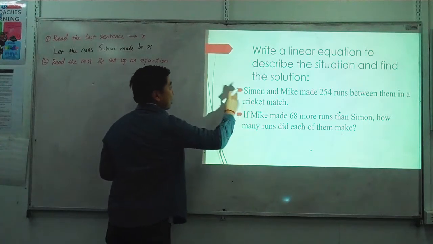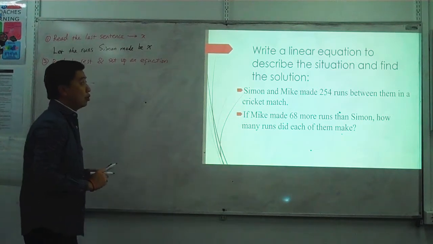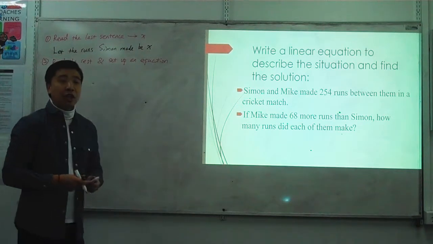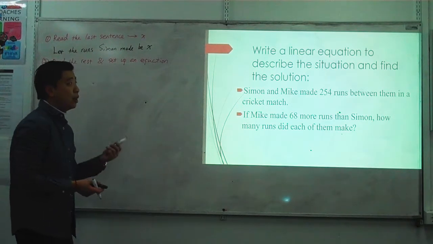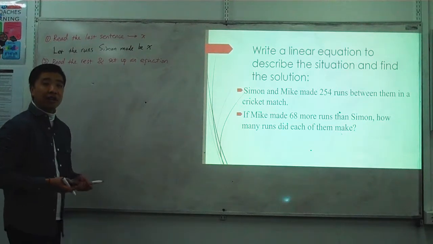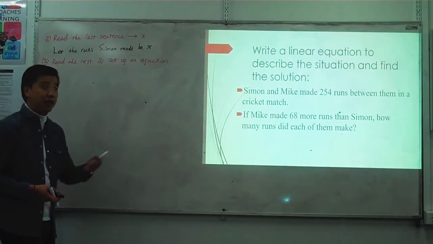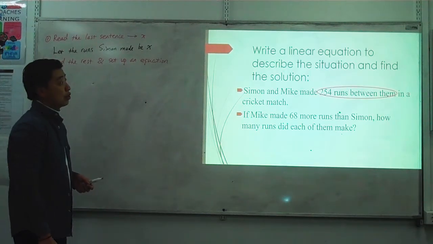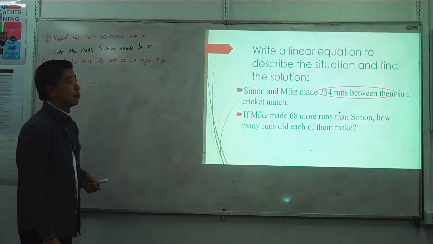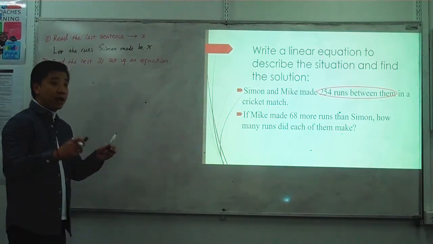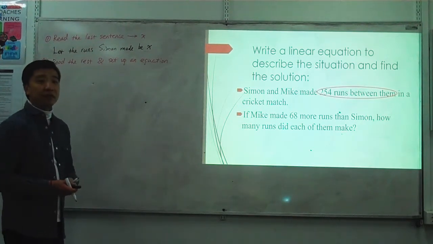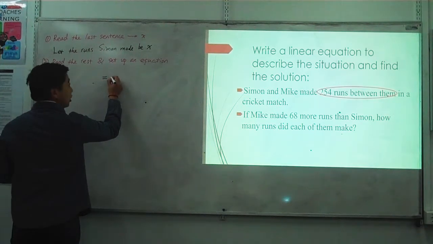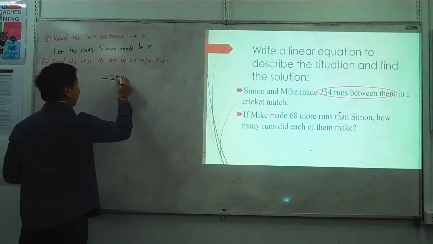Now let's have a look at all the descriptions. From this sentence, Simon and Mike made 254 runs between them in a cricket match. Can anybody tell me which are the key words, or the key phrase, in this sentence? That's very good. So there's 254 runs between them. That means they all make 254, which means we have to set up the equation equals 254.